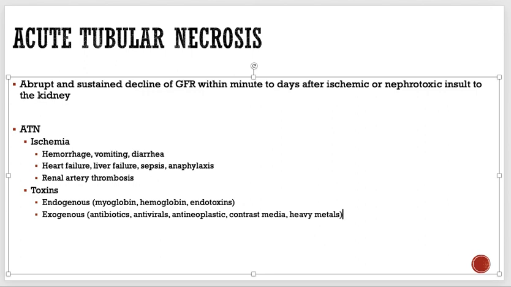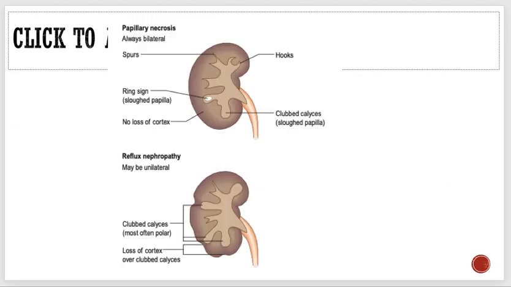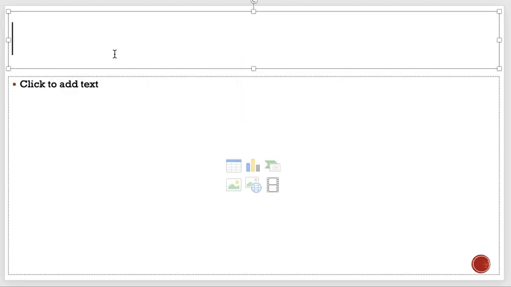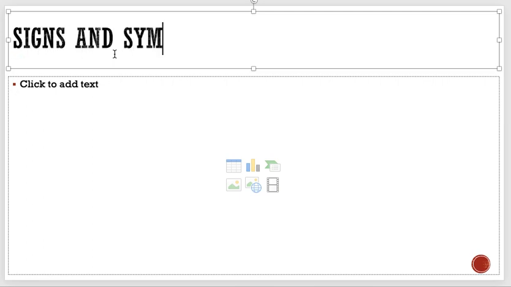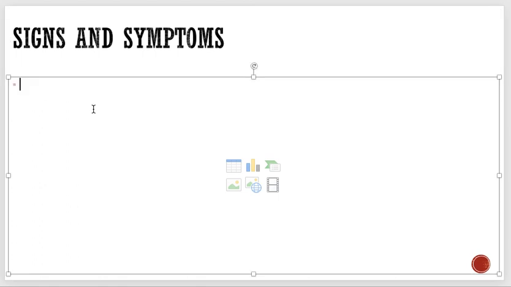So what happens in these patients whenever they have acute tubular necrosis, or what are the clinical features or signs and symptoms in these patients, is that there is an increased rise of urea and creatinine, because the GFR is down. So the patient may have hypotensive episodes. Okay.